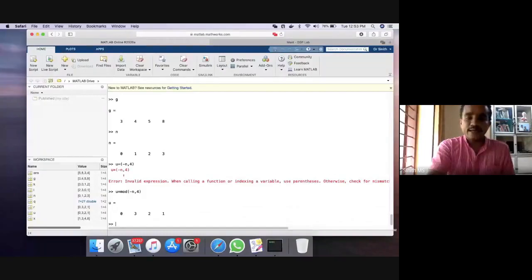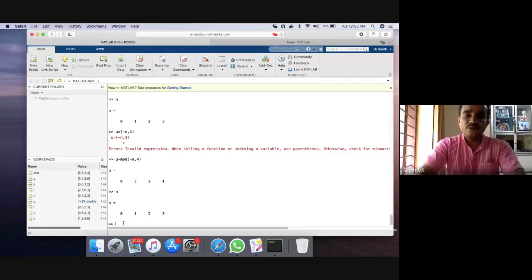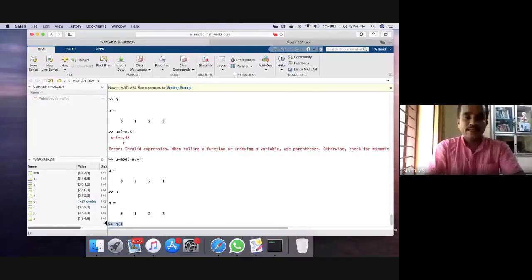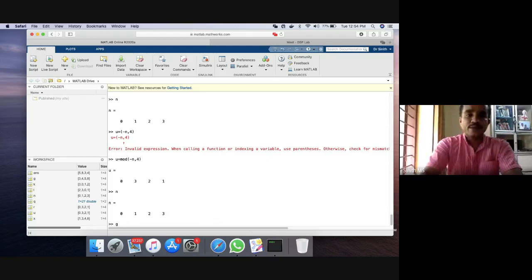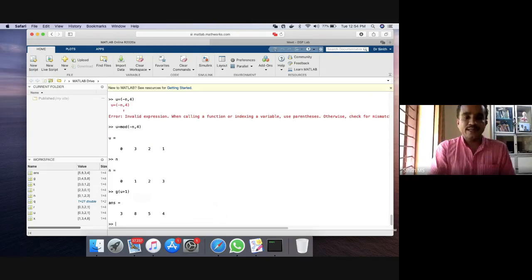What is the actual n? n is 0, 1, 2, 3. So you can see that here itself the circular shifting has happened: 0, 1, 2, 3 becomes 0, 3, 2, 1. Now if you give G of u plus 1, you are getting 3854.